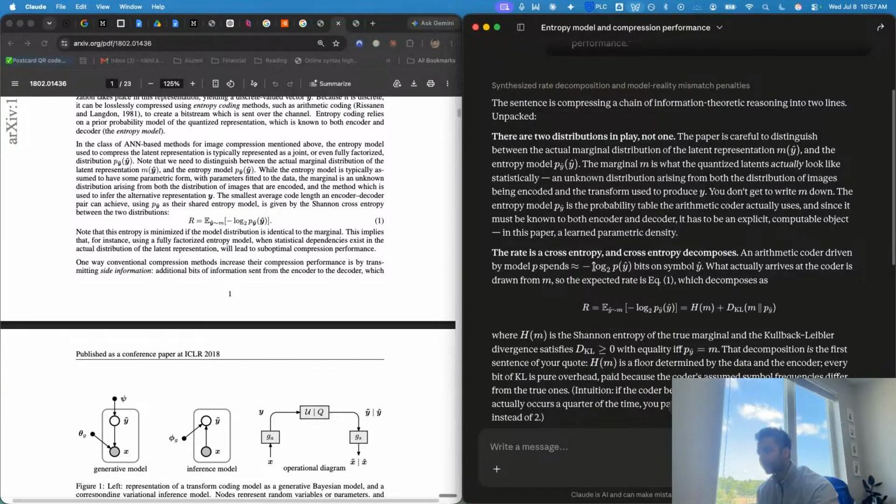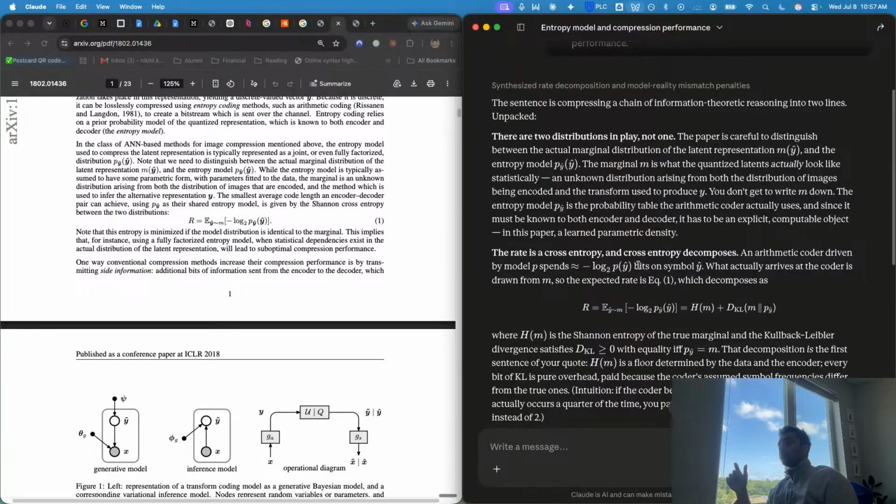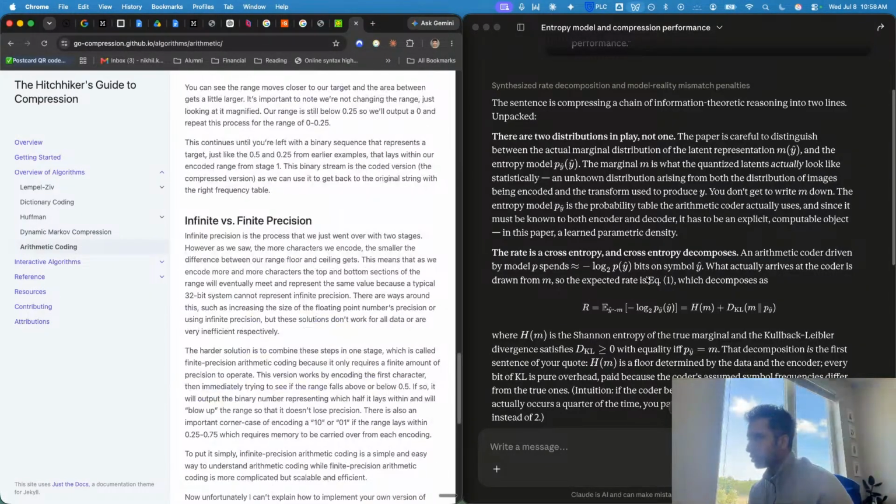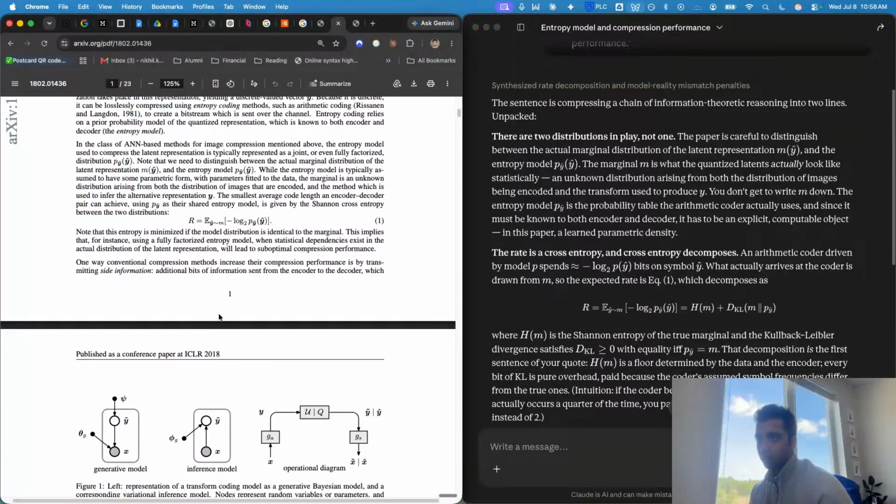This is saying, if y hat happens to be a high probability quantized latent, then it takes fewer bits to represent it. Yeah, and that makes sense if you're using an arithmetic coder. Okay, so that's fine. So the expected rate is equation 1, okay?